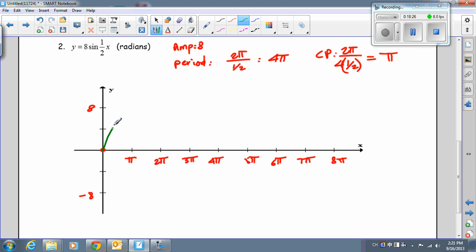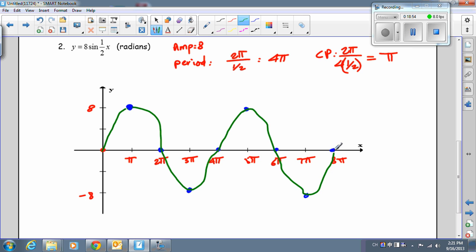So you would go up first, and of course you're going to reach a point here, which is again another critical point. And once again we follow the same shape: high, middle, low, middle, high, and so on. So the shape should look like this. Your hand should not be shaking as much as mine is. And of course at the end you've got to continue a little bit on both sides.